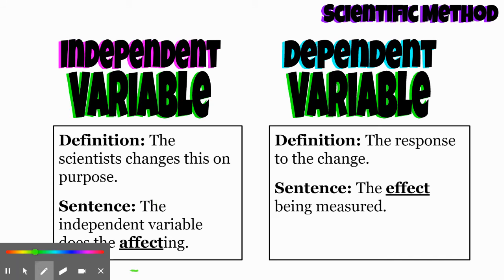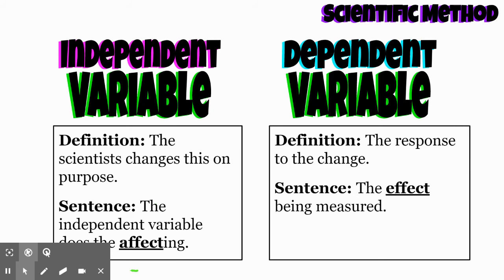I like to think about the independent variable as the thing that you're going to change first, the thing that you notice first. And the dependent variable then is the thing that you notice second, or you see a change in second, because it is going to be affected by the independent variable. Or it might not be affected by the independent variable, and your data will tell you whether it has been or hasn't been.